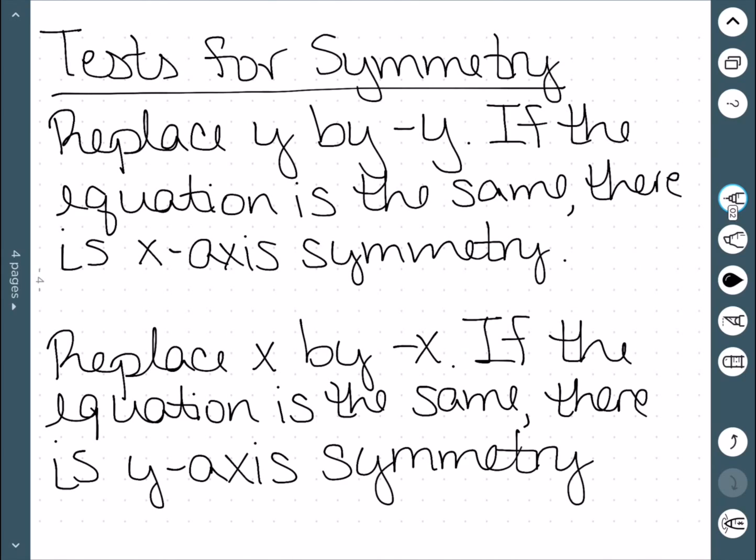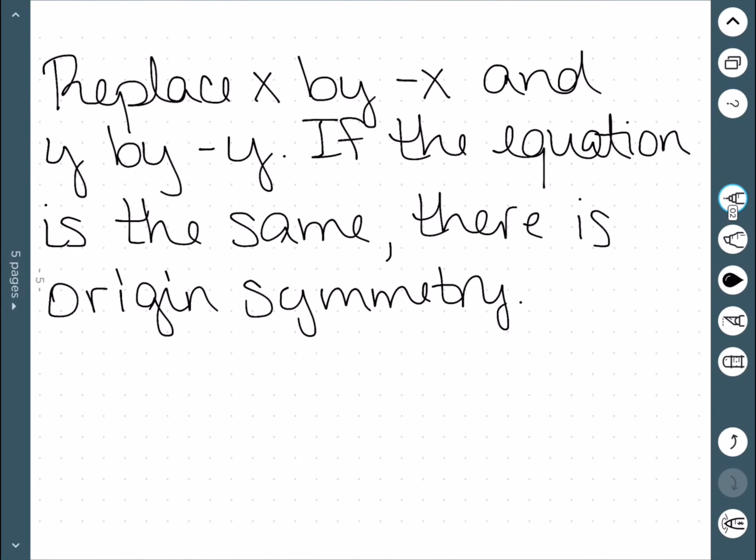Once again, if nothing in my equation changes, this time I have y-axis symmetry. Finally, I'll replace both x by negative x and y by negative y. If my equation doesn't change, then this has origin symmetry. We'll do a few examples to demonstrate this process.